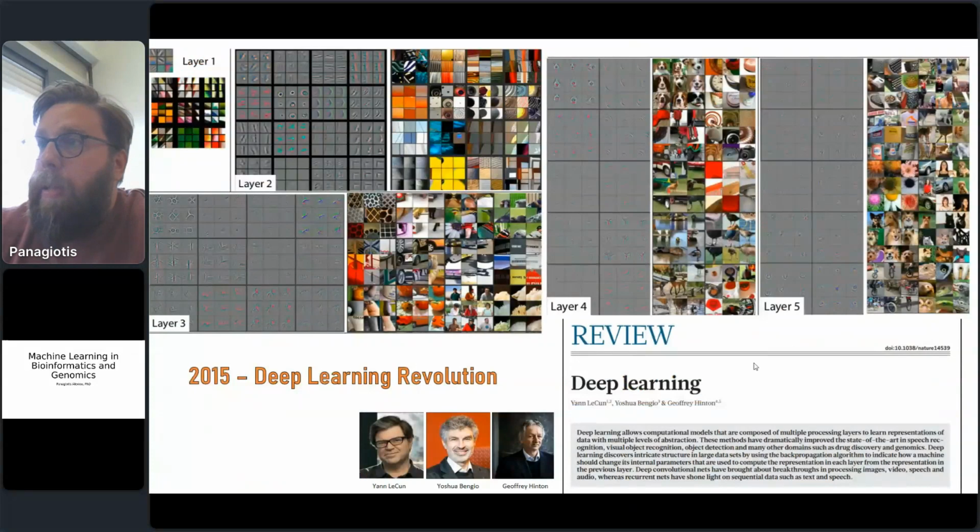In the past 10 years, we've had a new revolution in machine learning, the deep learning revolution. You probably have heard about this. I won't go too much into it.